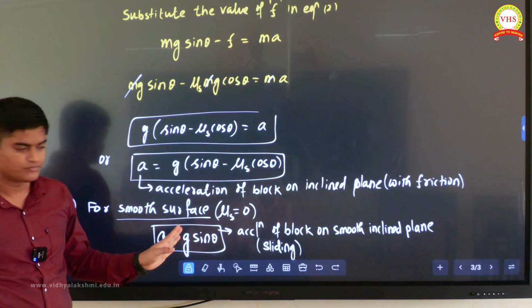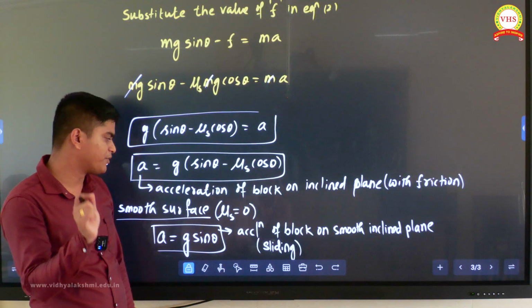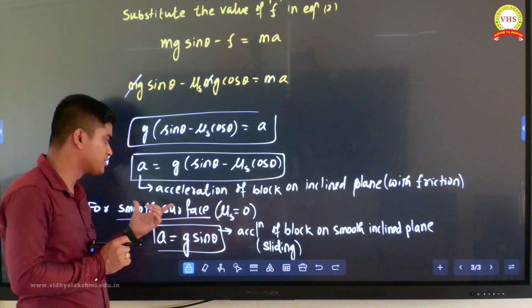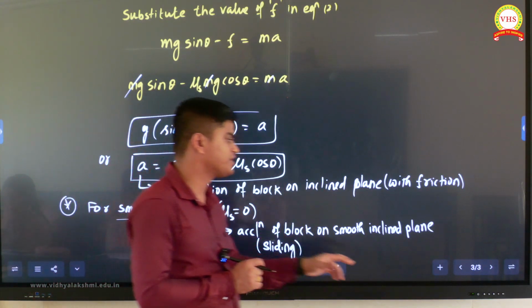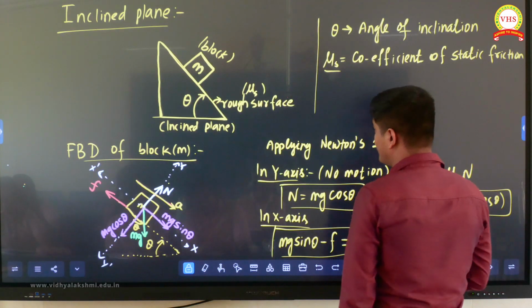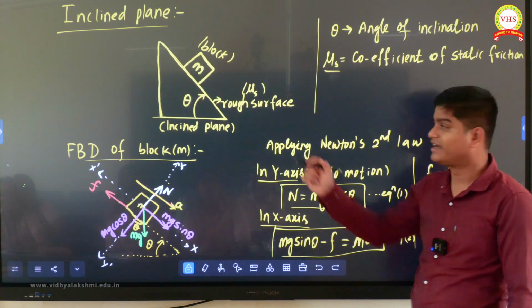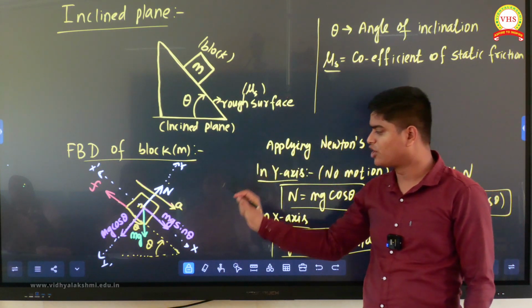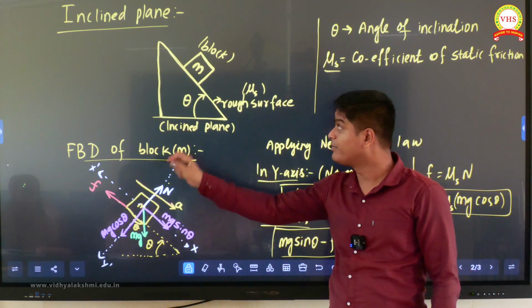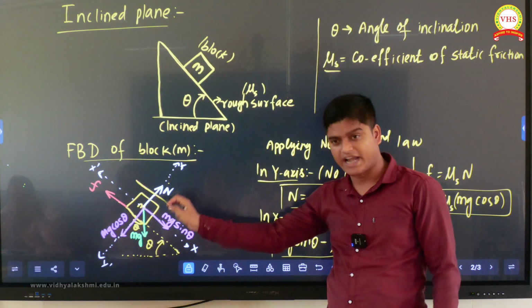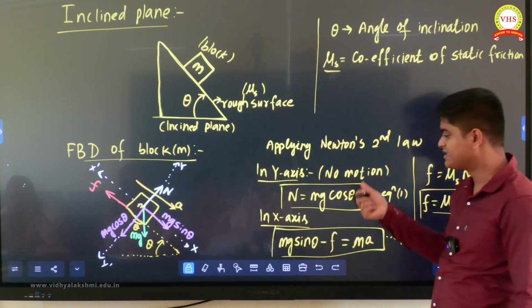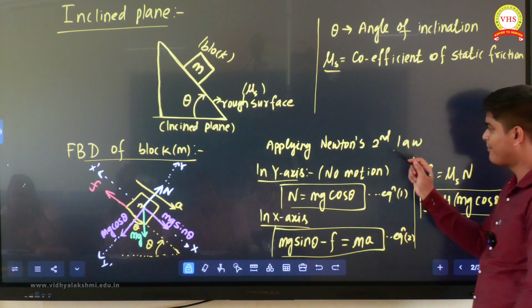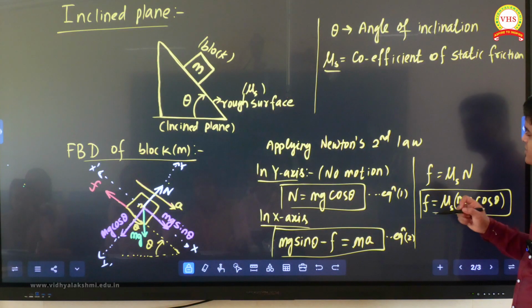No doubt here? Next, one more point I'll tell, then you can note it down. Just wait first. For smooth surface and rough surface, you understood the things. One inclined plane is there. This theta is called the angle of inclination. If I take a rough surface and draw the free body diagram of a mass on the inclined plane, then I get the y-axis and x-axis equations by applying Newton's second law.